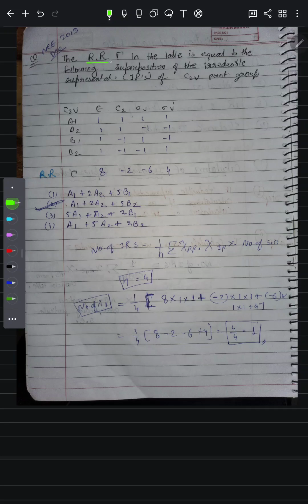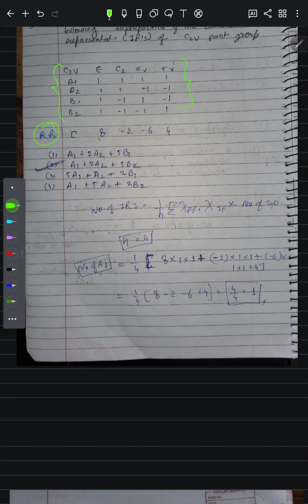The reducible representation in the character table is equal to the following, for the C2v point group. So this is given, and we need to calculate its irreducible representation. For this, we use the same formula as we have seen previously: 1 upon h, summation of the reducible representation into the irreducible representation character into the number of symmetry operations performed.